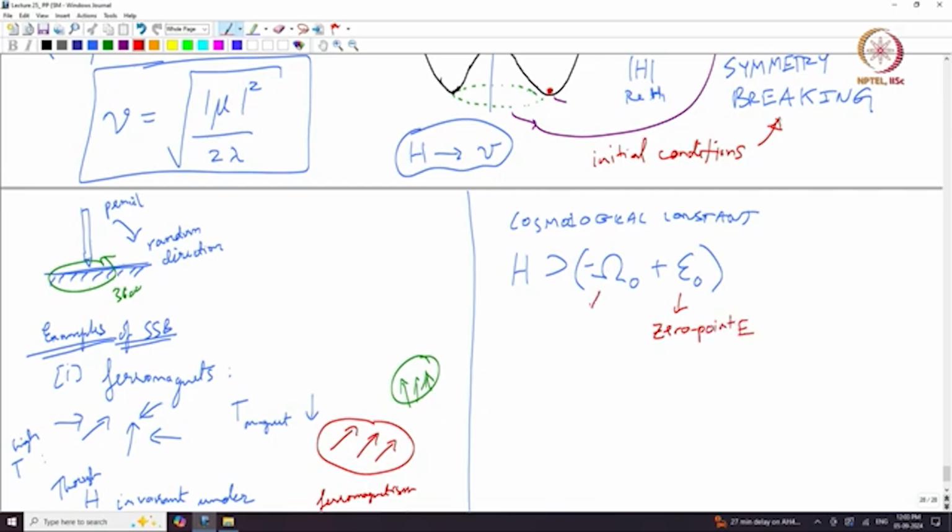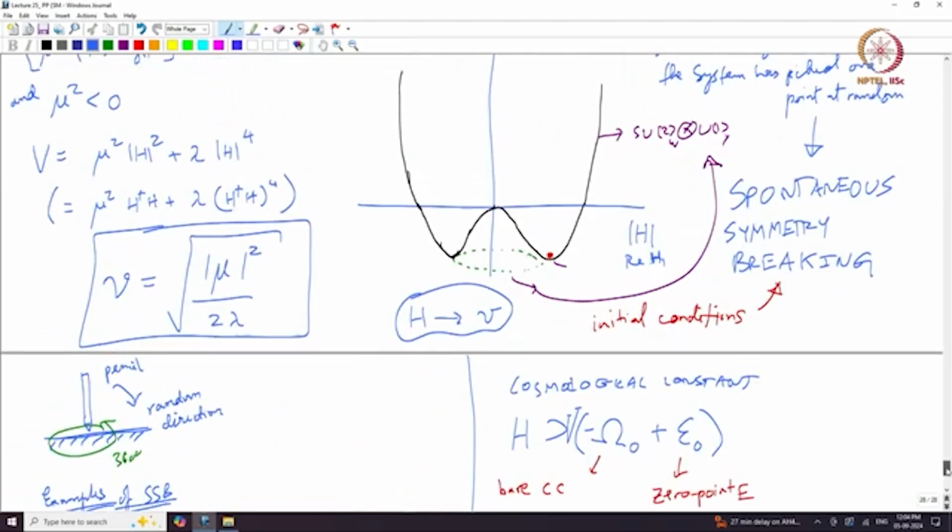This was the bare cosmological constant, and sometimes the combination is called the effective cosmological constant or just the cosmological constant. Of course, there is a volume outside, because it is not the Hamiltonian density, this is the Hamiltonian, okay.